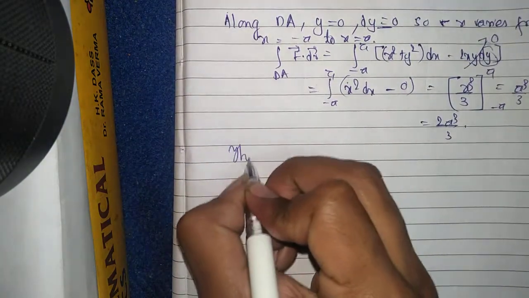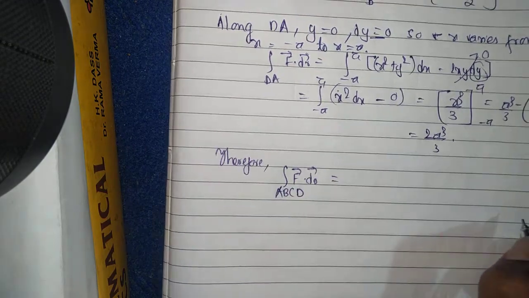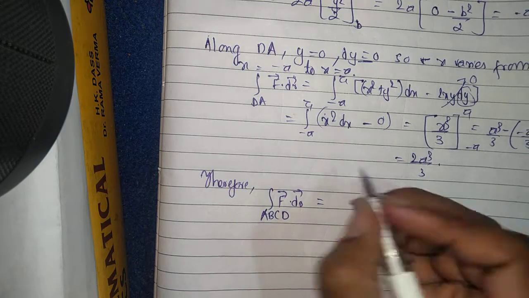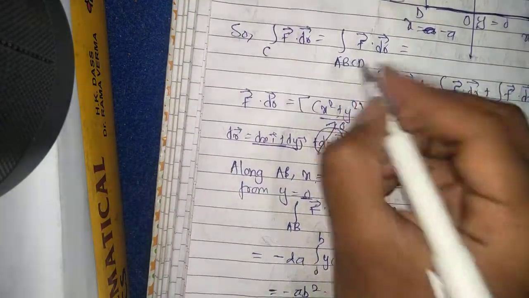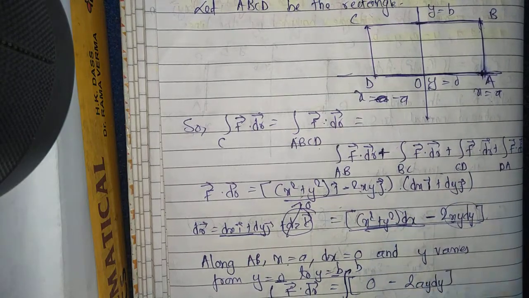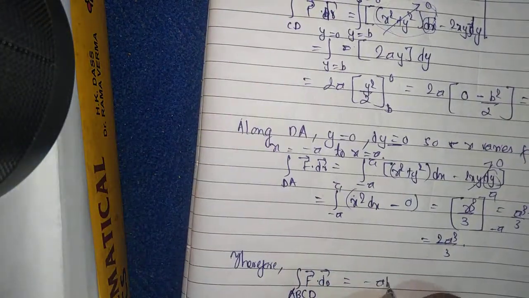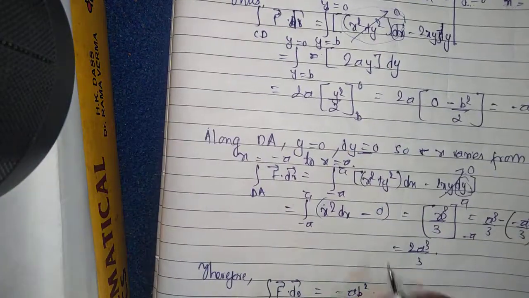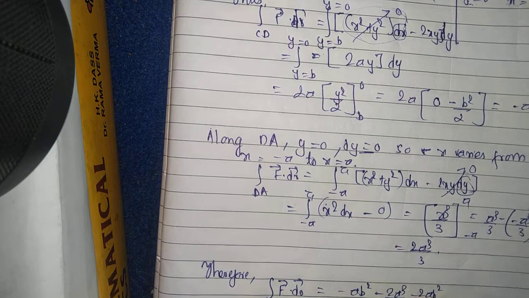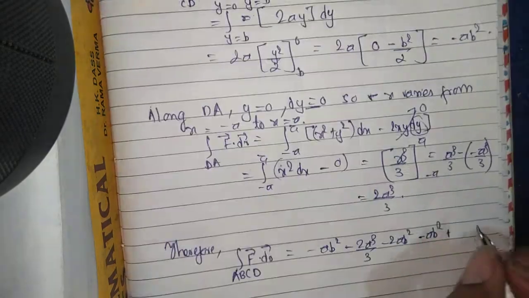Now, therefore, the line integral of F dot dr along ABCD is given by the sum of the line integrals along AB, BC, CD and DA. Substituting the values: along AB we have minus ab square, along BC we have minus 2a cube by 3 minus 2ab square, along CD we have minus ab square, and along DA we have 2a cube by 3.